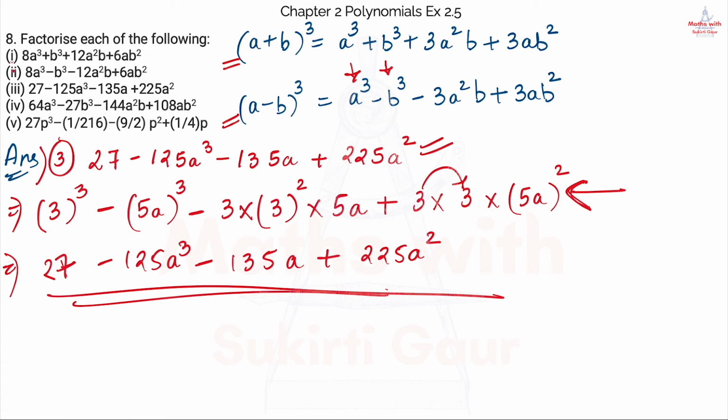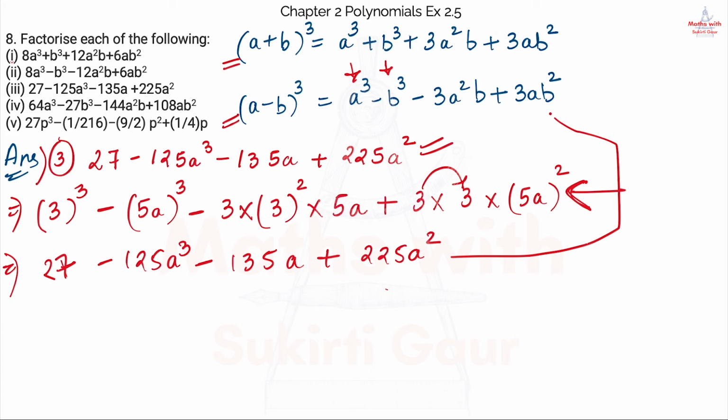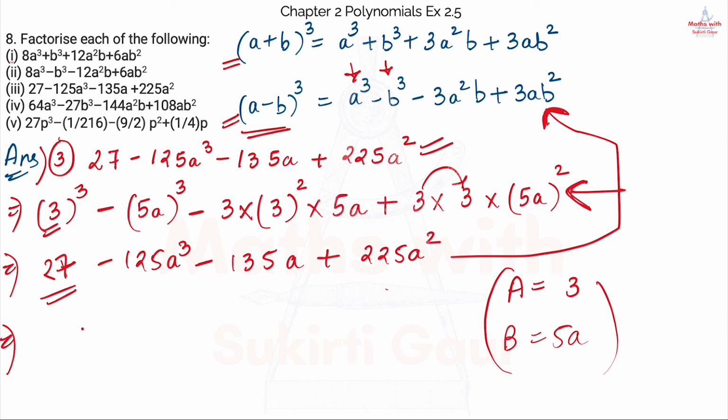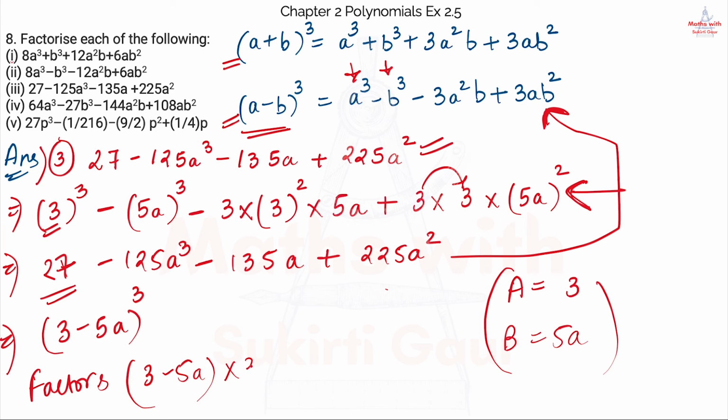If we compare this, it is the expanded part of (a minus b) whole cube, where a is 3 and b is 5a. We can write this whole thing as (3 minus 5a) whole cube. Factors are (3 minus 5a) into (3 minus 5a) into (3 minus 5a). These are the factors of the third one.